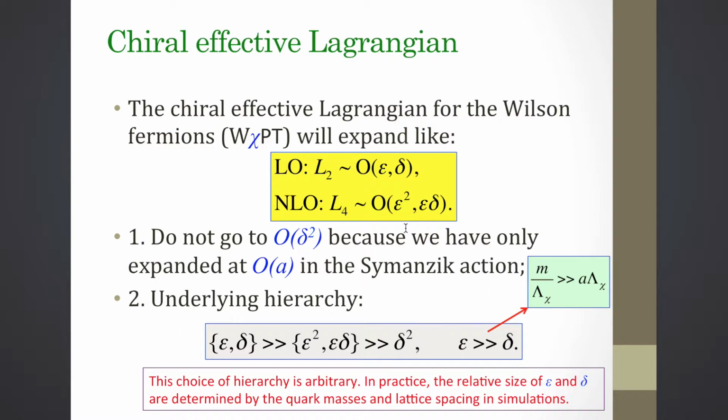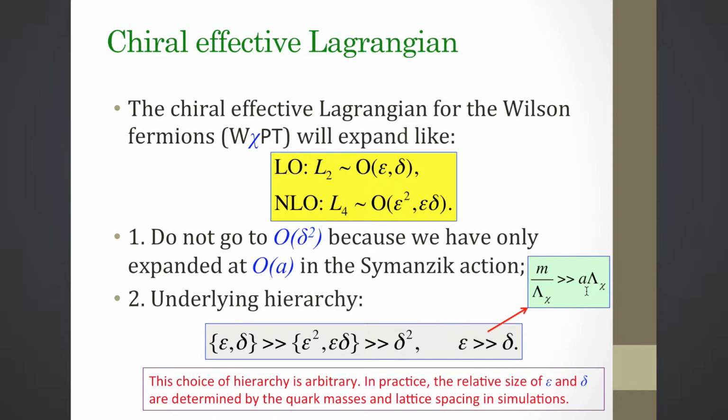Note, we should pay attention that here we do not consider the order delta squared because it is basically of order a squared, but we have only expanded at order a in the Symanzik action. So we have an implied hierarchy in this effective expansion, that is, epsilon must be much greater than delta, or in other words, m over lambda is much greater than a times lambda.